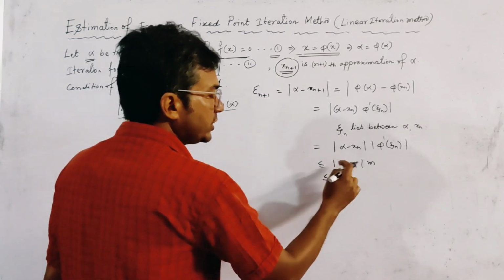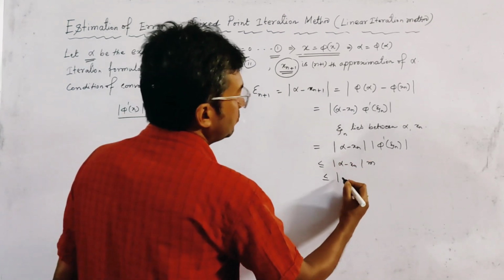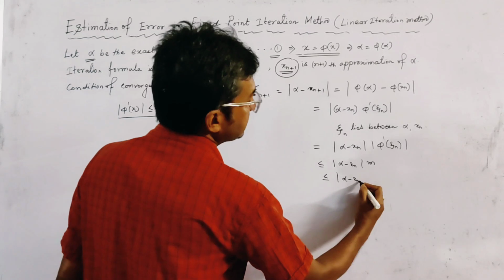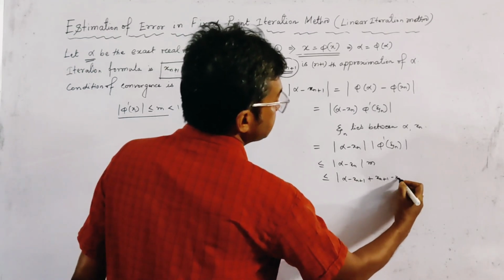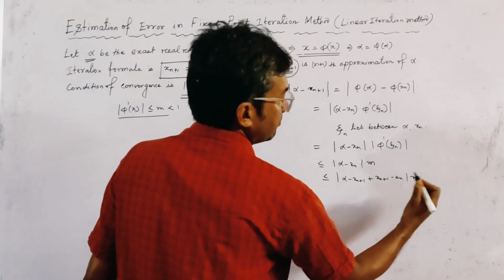Now we also rewrite this relation as |alpha minus x(n+1) plus x(n+1) minus x(n)| into m.